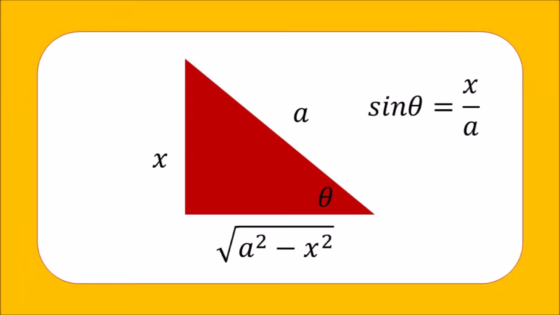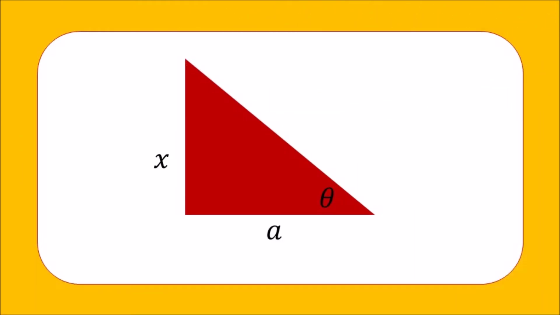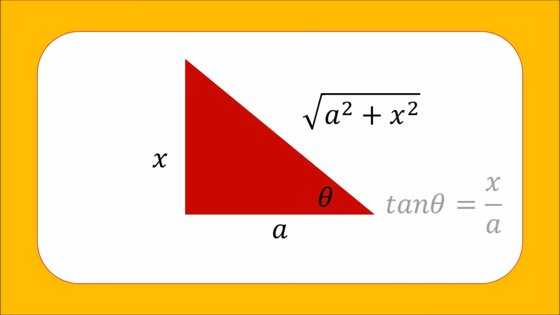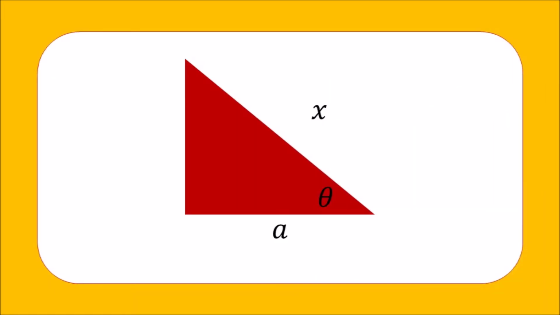Notice that sine theta is defined as opposite over hypotenuse, which is x over a, so therefore x becomes a sine theta.